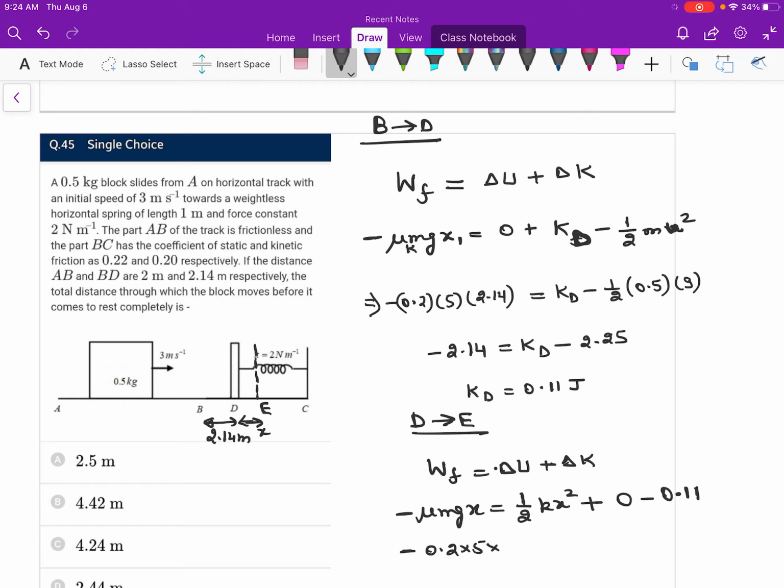So minus mu mg, 0.2 into 5 into x, equals half k, which is 2, into x square minus 0.11.